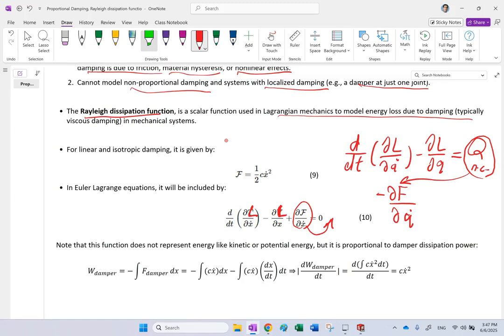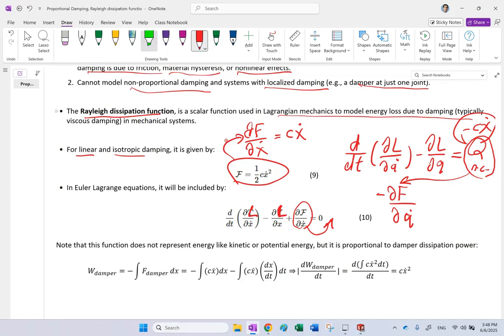And for viscous damping, it is very easy to show that when the damping is viscous, linear and isotropic, that function is simply 1/2 c x dot squared, or 1/2 c q dot squared in general. Okay, so that's all it is, because if that's the case, then partial of F with respect to x dot is clearly, in this case, c x dot. And if you take it to the other side, it's going to be negative c x dot. And that is what we always used when we had a mass spring damper system. That non-conservative force on the right-hand side was negative c x dot. So that's just another way to show it.